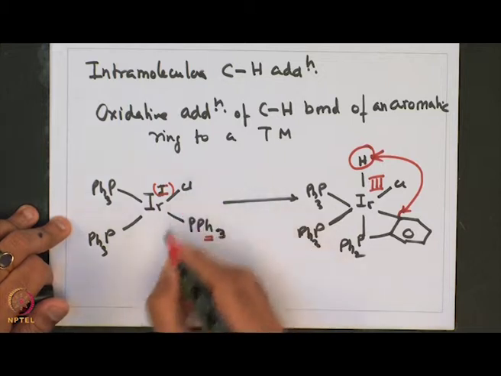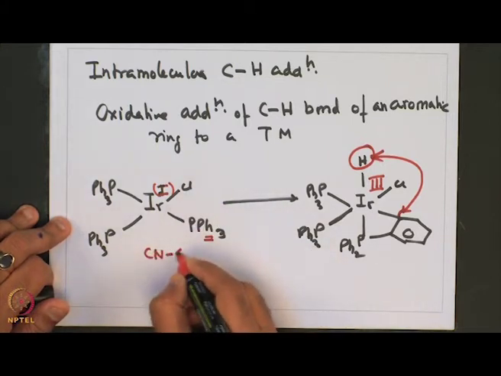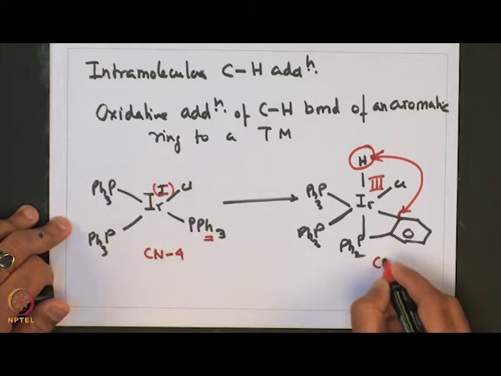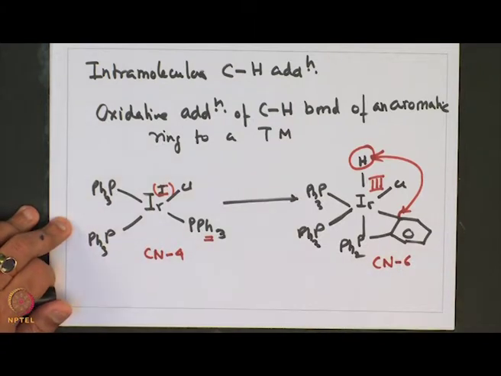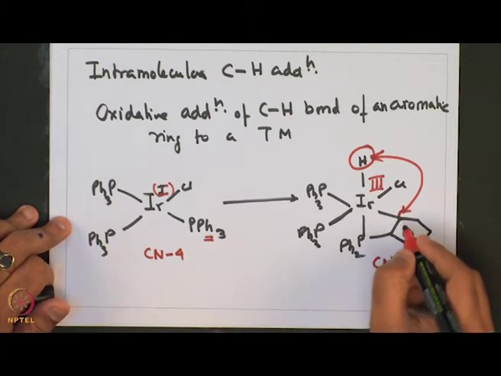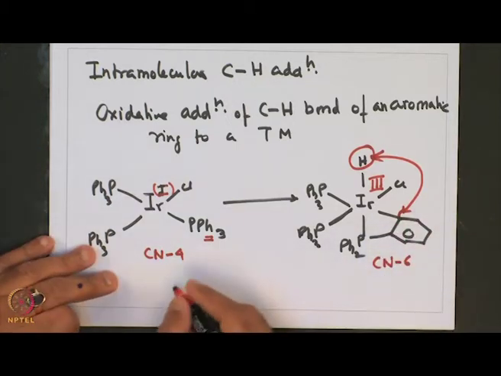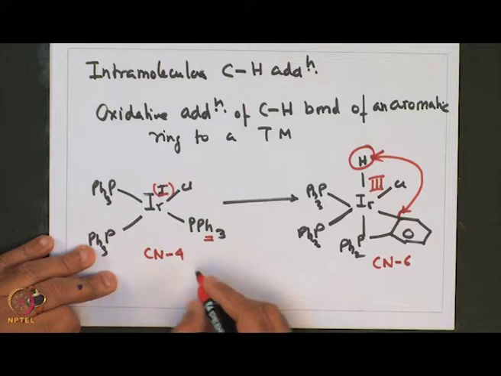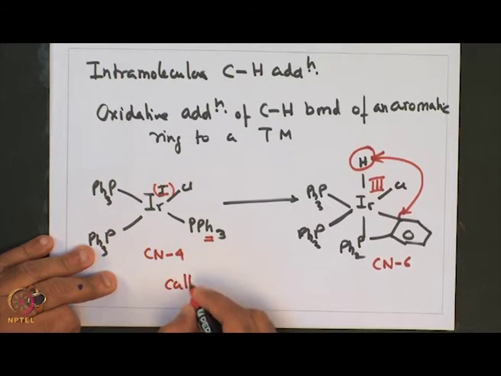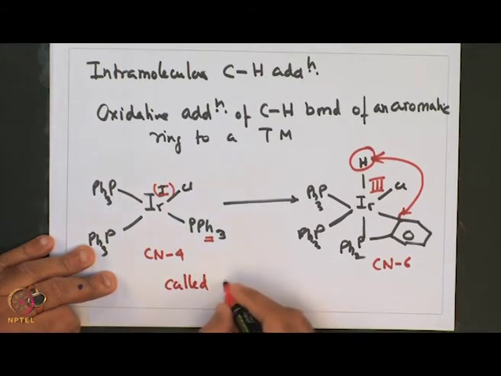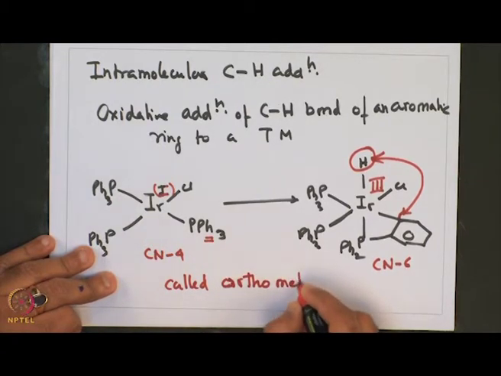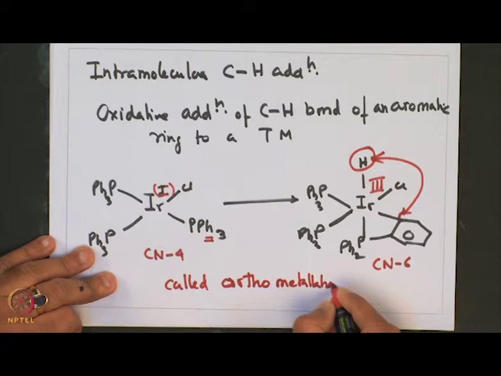The coordination number increased from 4 over here to 6 over there, and since the CH bond which got activated is ortho to the phosphine, these kinds of reactions are called orthometallation or cyclometallation.